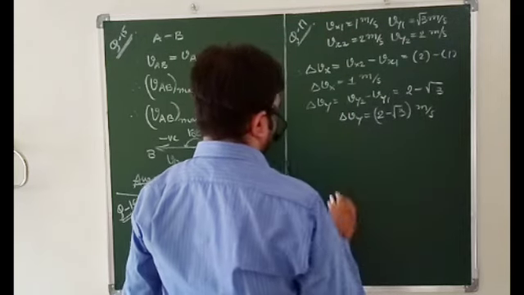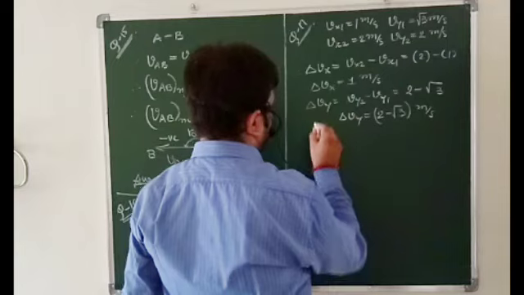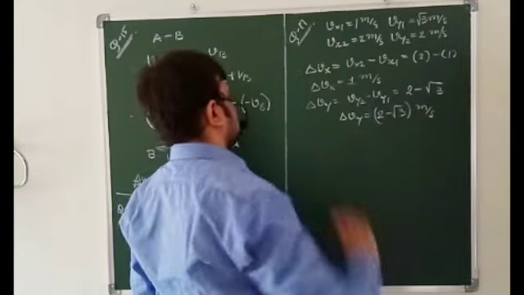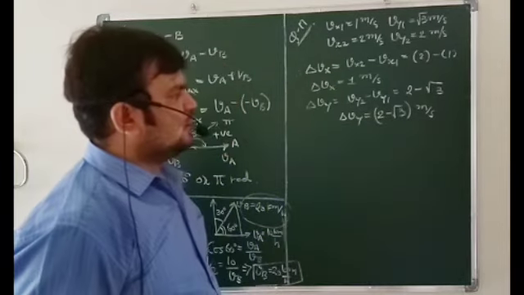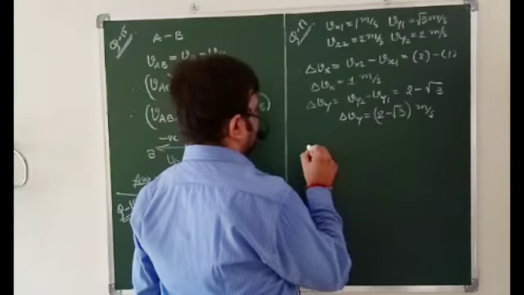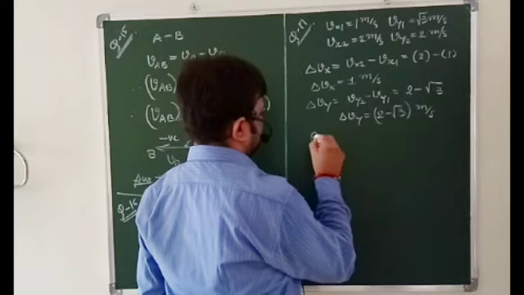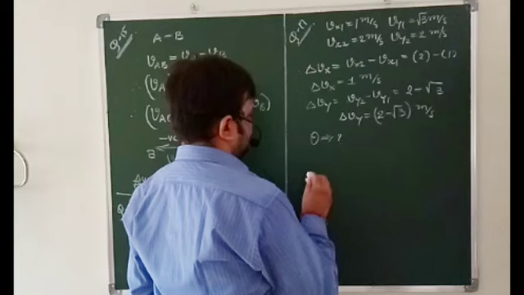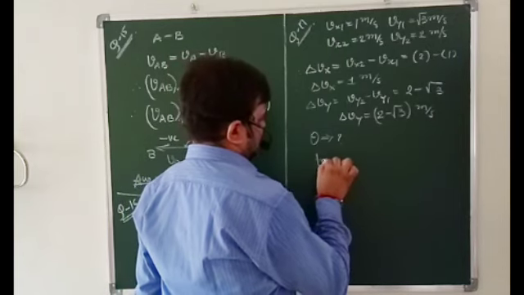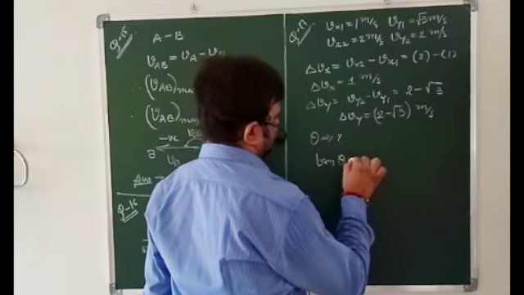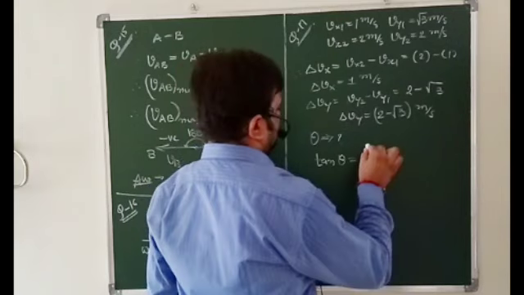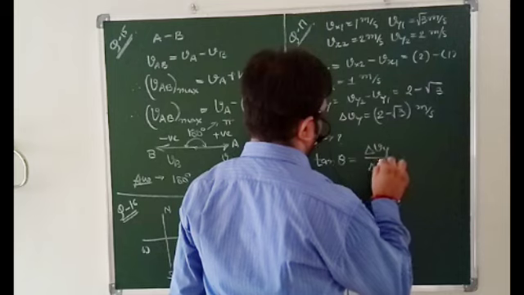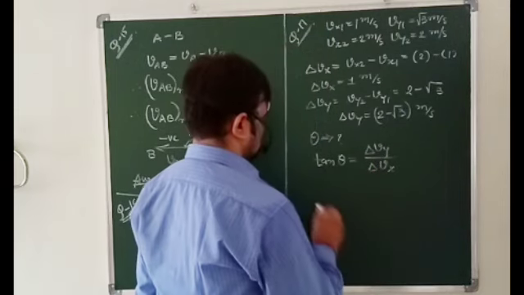Now this delta Vy is the y directional component and this is the x directional component. So now we have to find out the angle theta. So tan theta is equal to delta Vy divided by delta Vx.